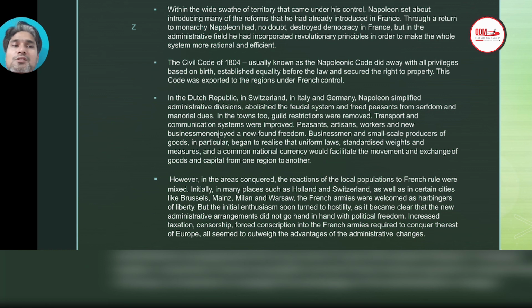So some restrictions were also removed by Napoleon to help trade flourish, and because of that, big businessmen, small traders, artisans, everybody benefited, because the restrictions were removed. After that, the exchange of commodities and the exchange of ideas became so easy, and because of that, the idea of nation emerged.